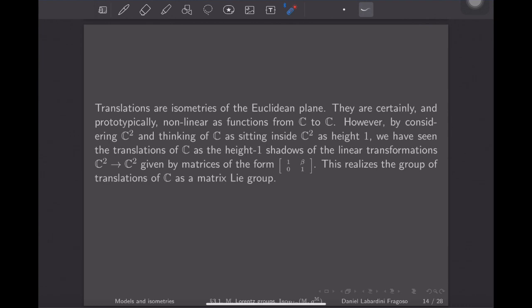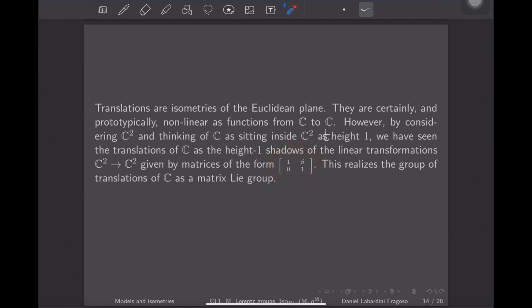However, thinking of the Euclidean plane as sitting inside C squared at height 1, instead of thinking of the Euclidean plane as our vector space but rather as an affine plane sitting at height 1, a translation simply becomes multiplication by this matrix.